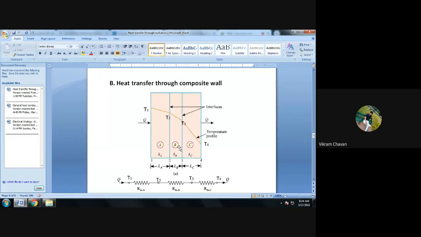To avoid heat transfer from the inside surface of a furnace to the outside environment, we need to provide insulation to the base material of the furnace. Say A is the base material of the furnace, then B is the insulation provided on it, and C is the second insulation on the base material.